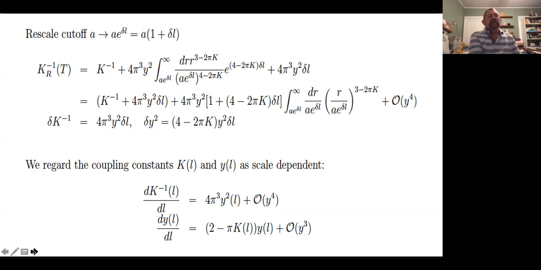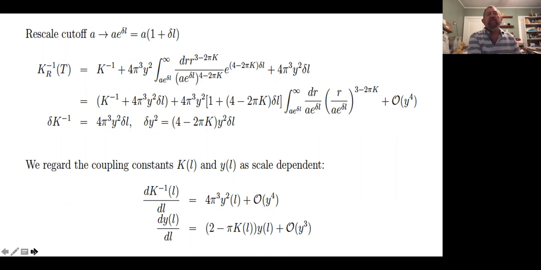And so we immediately see that the change in the inverse coupling constant, delta k to the minus 1, is just this little factor 4 pi cubed y squared delta L. And we rewrite all the junk as the coefficient of our new integral.